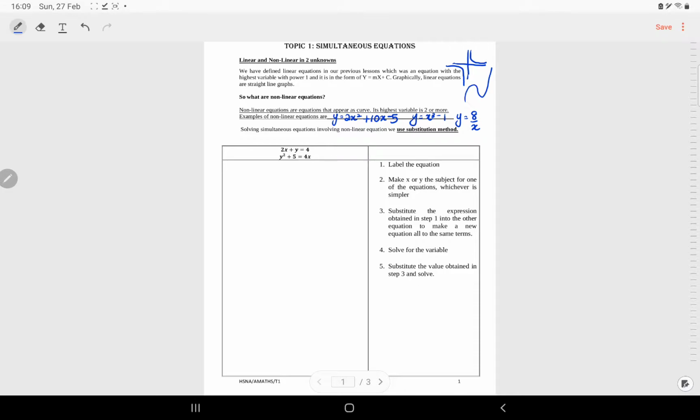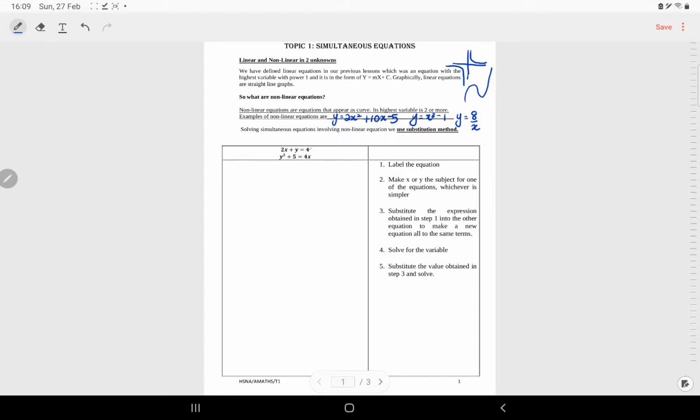But when we have a non-linear equation, as you can see in our example, 2x plus y equals 4, if you rearrange it, it takes the form y equals mx plus c. So this is our linear equation, and the next one is our non-linear equation.